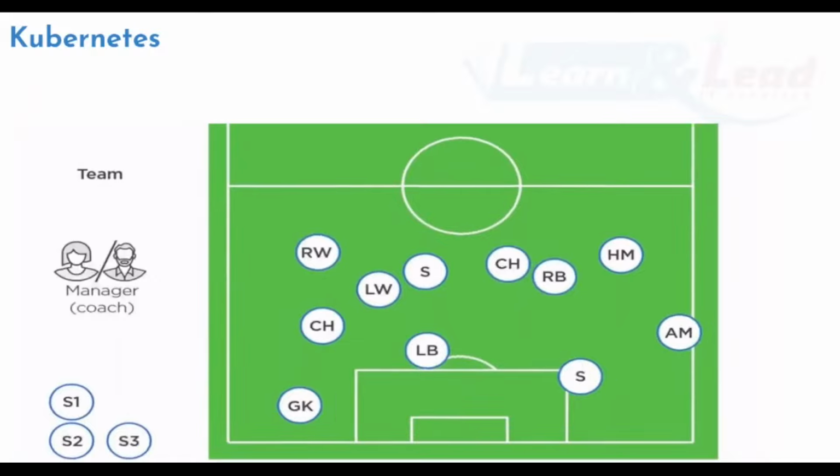Now we introduce or deploy a manager or a coach for them. The coach comes here and assigns or defines a role. Okay, you should do this role, you should do that role, like we have a striker, goalkeeper, and all those guys. So whoever is deployed would obey their own role and responsibility. Now this is how we deploy. Our coach comes and assigns the roles first of all.